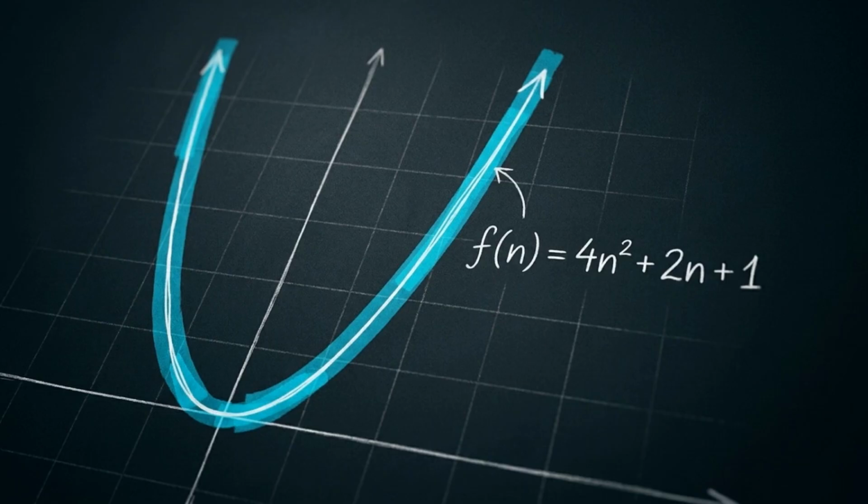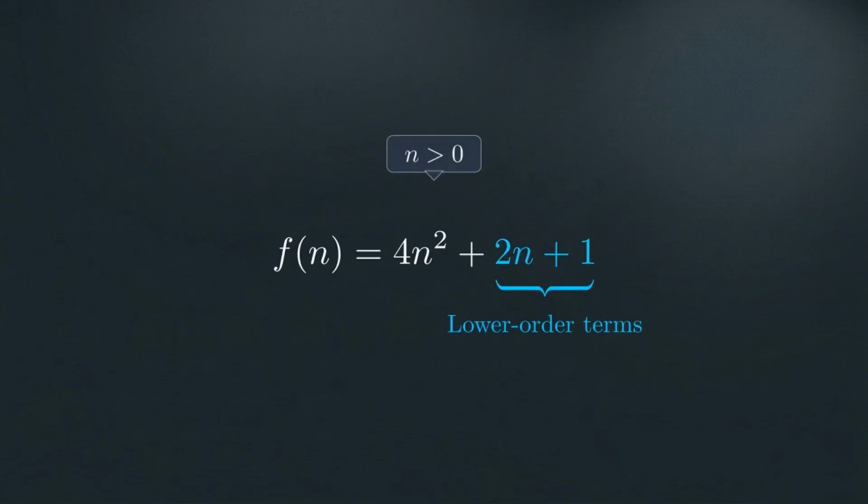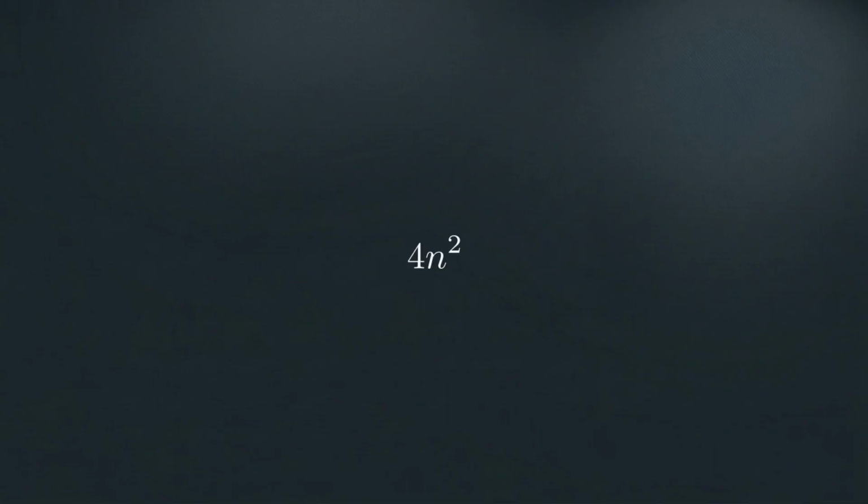We can apply the same logic to a more complex quadratic curve. Take f of n equals 4n squared plus 2n plus 1. To find our floor, we direct our attention to the lower order terms at the end of the expression. The input size n is always a positive integer. Therefore, the grouped value of 2n plus 1 will always be strictly greater than 0. Stripping away positive lower order terms mathematically guarantees that the remaining isolated expression is smaller than or equal to the original equation.